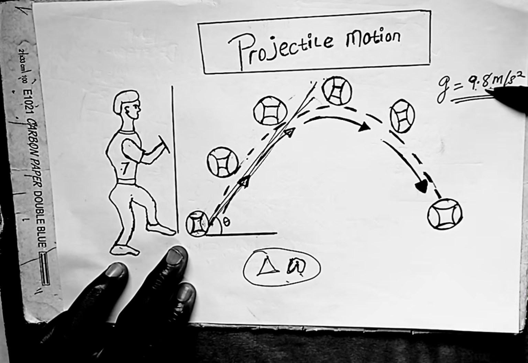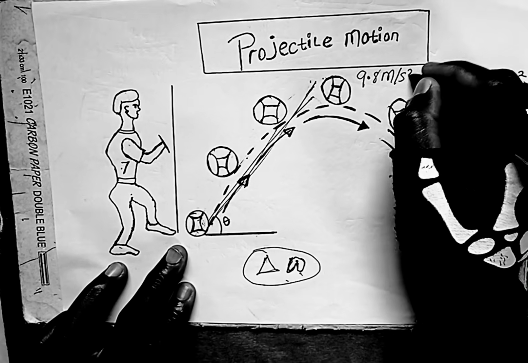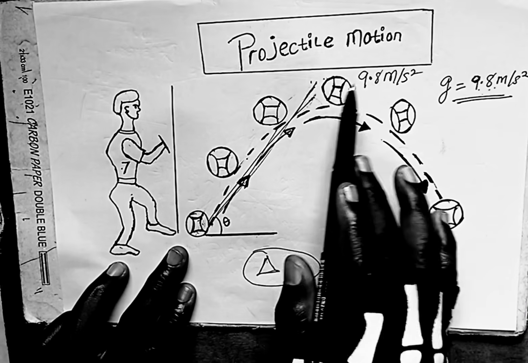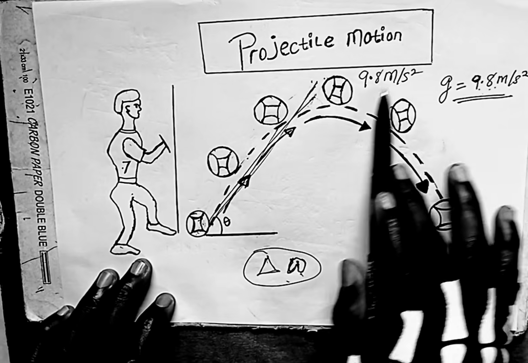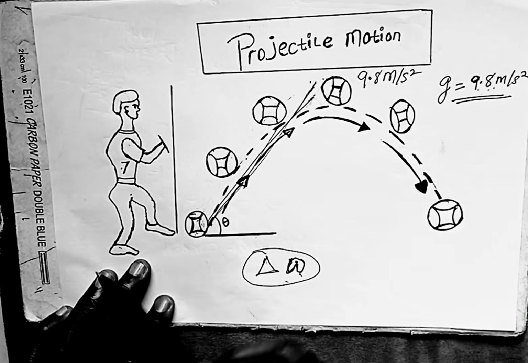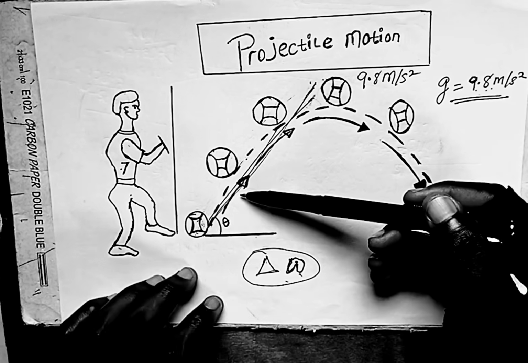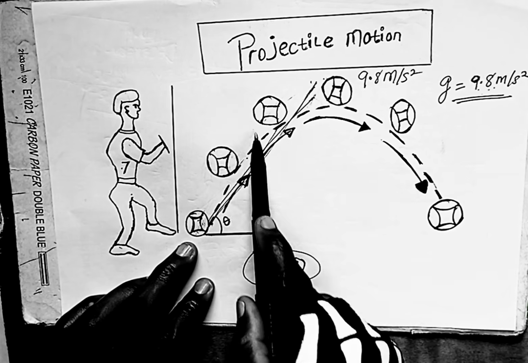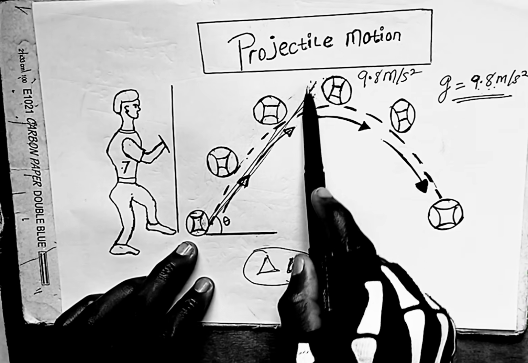Remember, it was an applied force, and the force is not constantly applied. As the ball continues to accelerate, it loses force, and as the force reduces, the acceleration reduces. That's how the acceleration continues to reduce until it attains its maximum height.